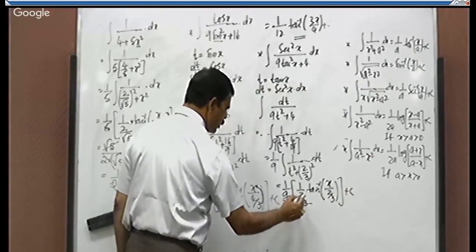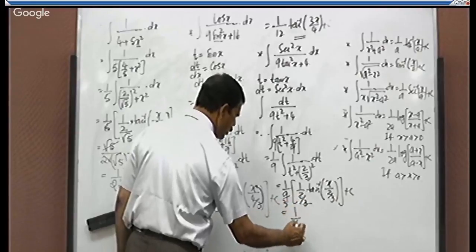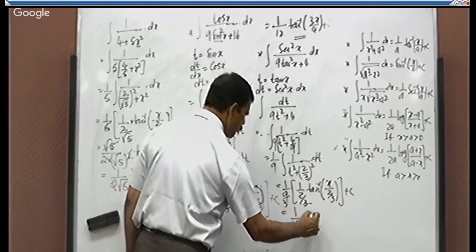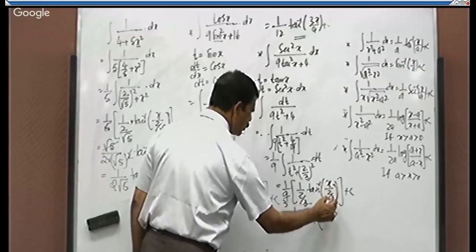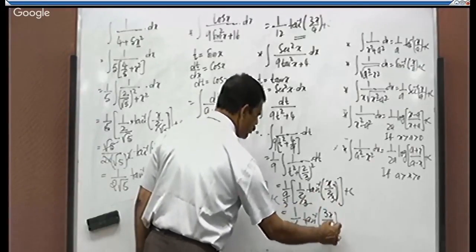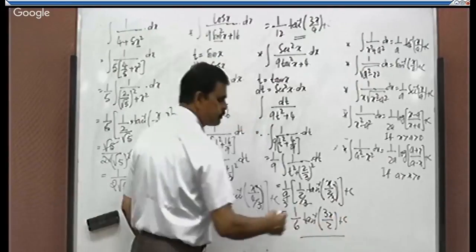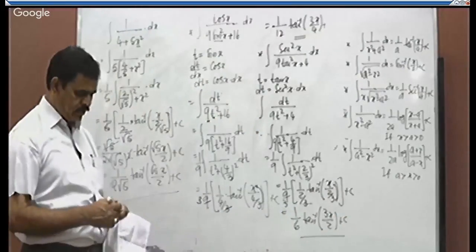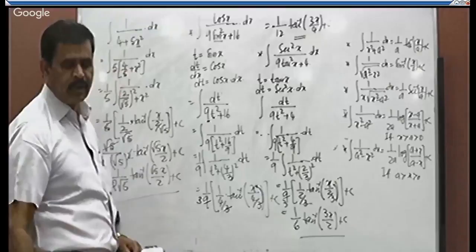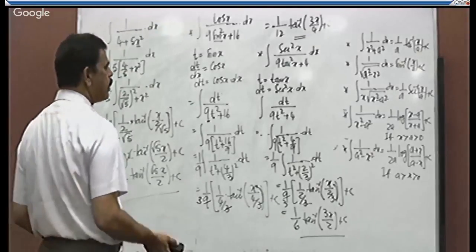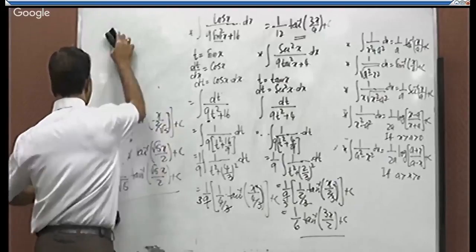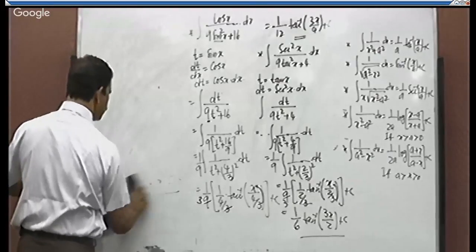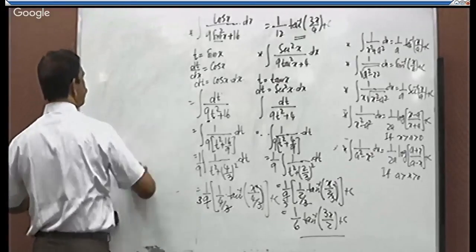What is remaining? 3 into 2, 6. 1 by 6 into tan inverse of 3x divided by 2 plus c. This 3 goes to numerator. Right? These are some of the problems based on the first standard form. In the same way, we can do it for the next standard forms.